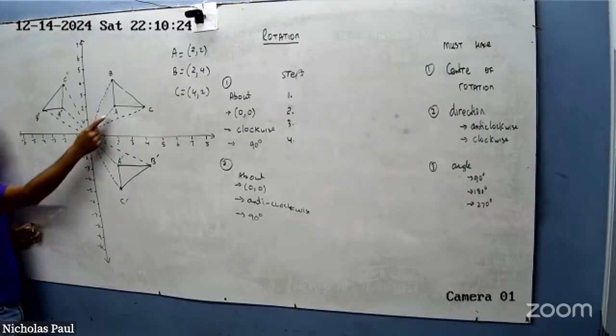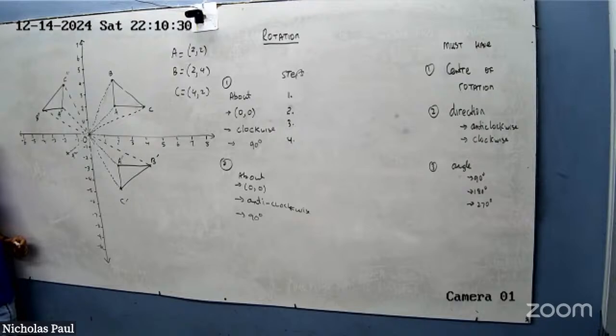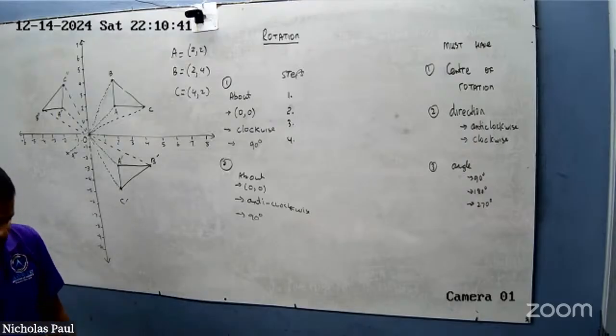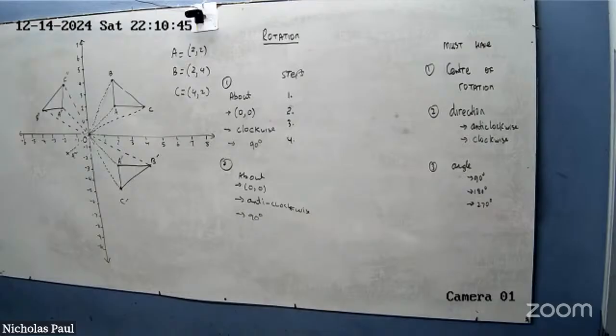So you continue the line and you measure 180. Do 180 one time.